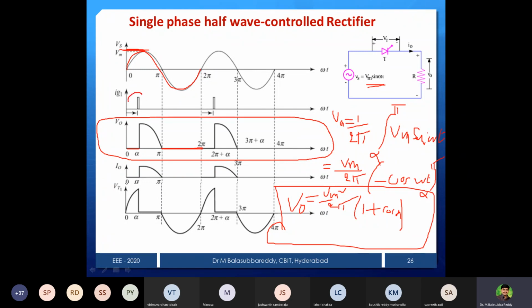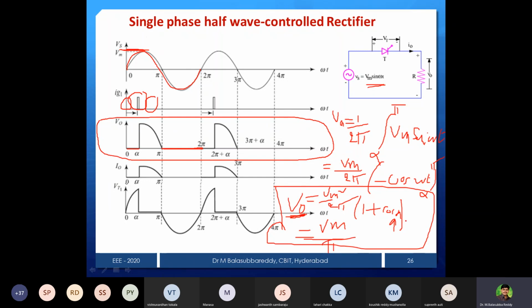So if I give alpha here, you will get one output. You can give here, you can get another output. Like that, as alpha varies, you get a variable output voltage. Now if I put alpha equal to 0, cos 0 is 1, 1 plus 1 is 2. So that 2 and the denominator 2 will get cancelled. Your output will be Vm by pi.